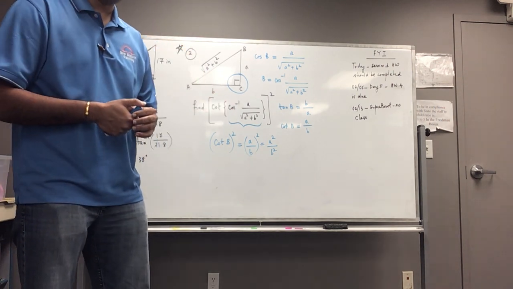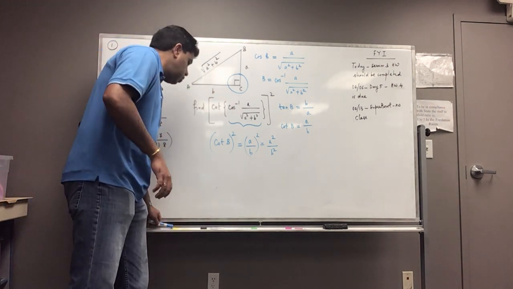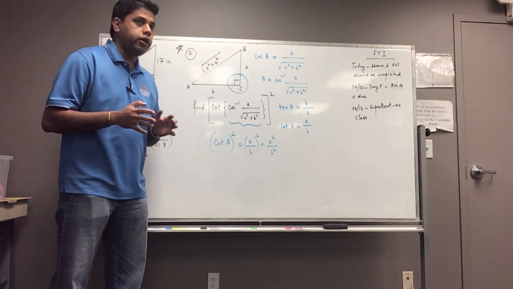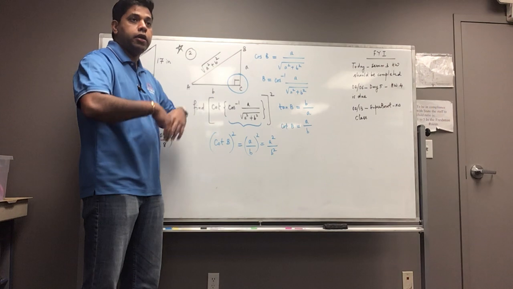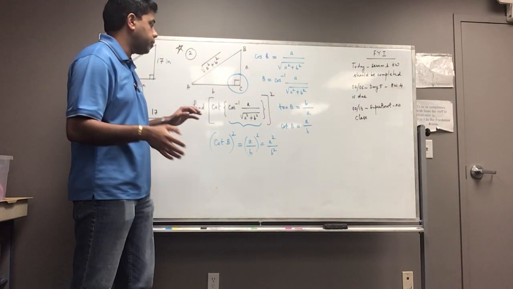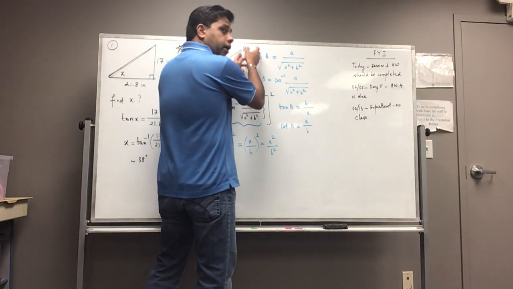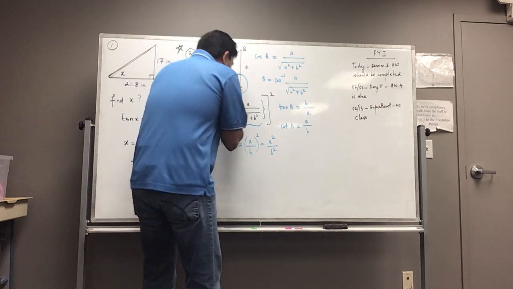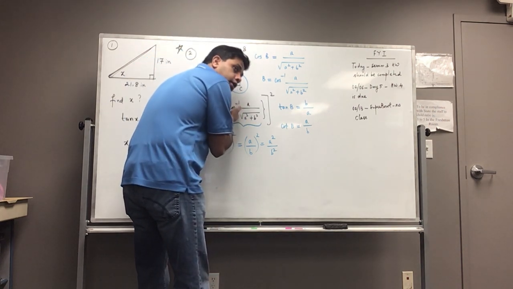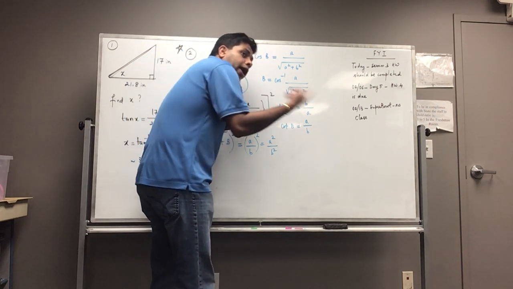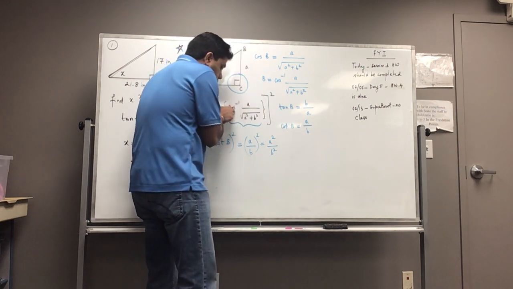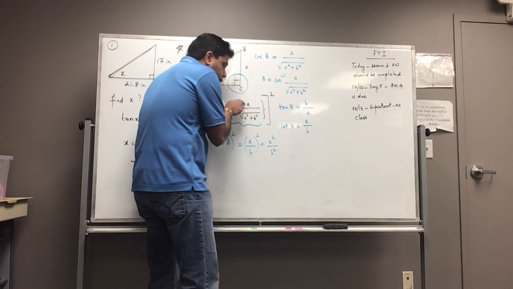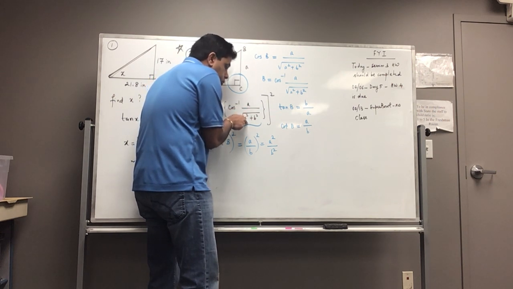Yes? Can you explain it again, maybe? Sure. How many angles are in a triangle? Three. In a right angle triangle, one is 90 degrees. That's not even considered then. Okay. So look at the angle A and angle B. When you have an inverse, the resultant will be an angle, either A or B. So we have a cosine inverse of A divided by the square root of A squared plus B squared.